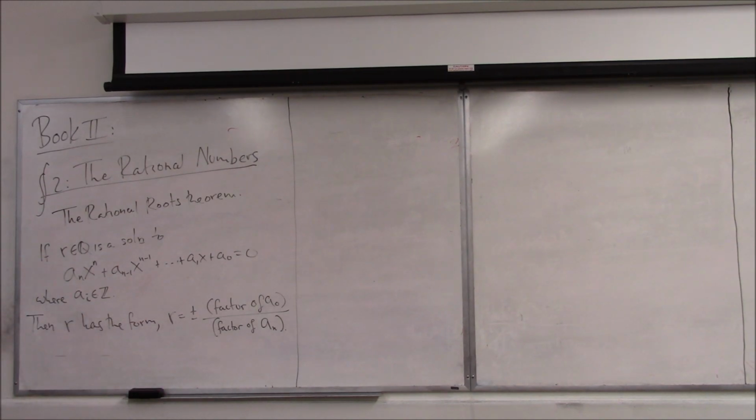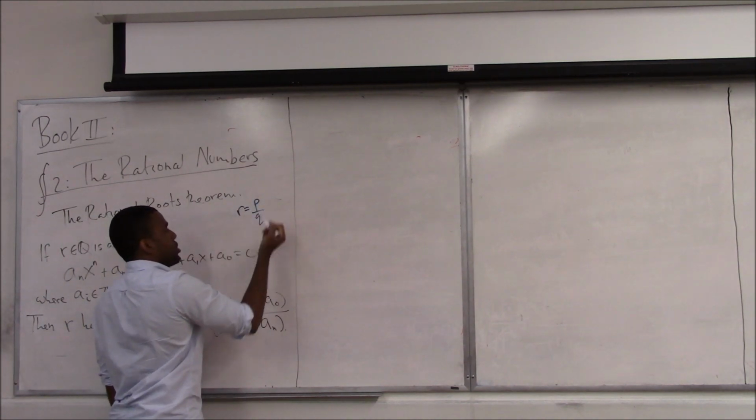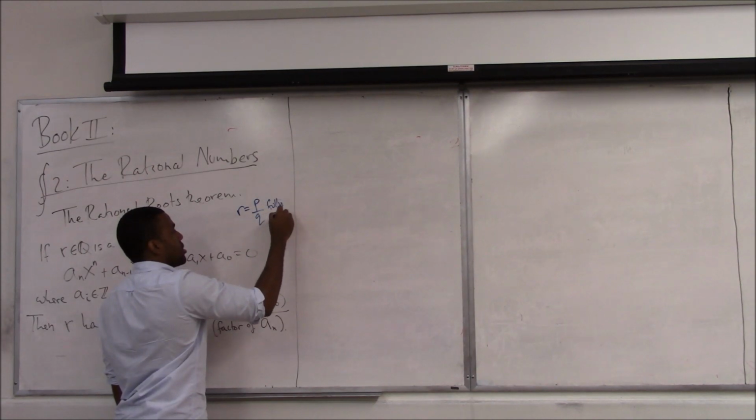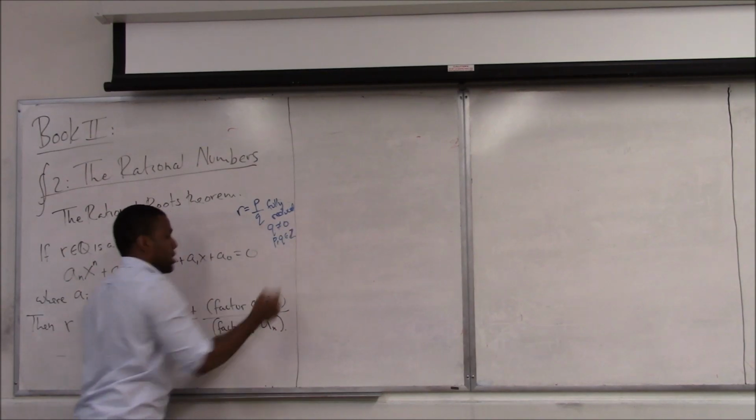And so, I'm not going to write out the proof of this, but it's really not hard to prove. If you just assume that r equals, say, p over q, the usual things, fully reduced, q not equal to 0, p and q integers.